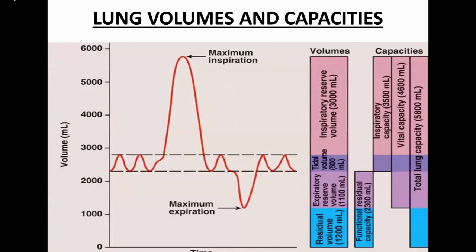So this is what I have taught you, that these are the lung volumes and capacities. These are very important parameters, and this is showing you the normal levels. By assessing these levels with the spirometer, we can come to know about lung diseases, because if they do not fall into these ranges, then we can tell whether the respiratory disease was due to obstructive or restrictive disease.